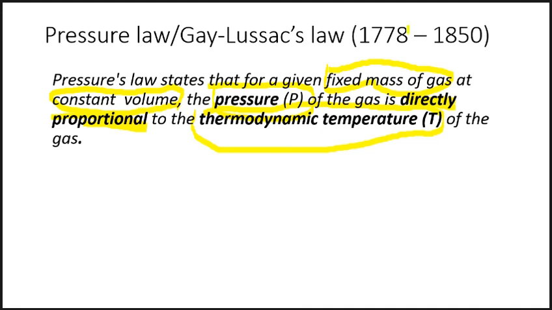Now, based on this definition, we can conclude that mathematically P is directly proportional to T, where P is the pressure and T is the thermodynamic temperature. And if I remove the proportionality sign, I'm going to have P equals KT, where K is a constant. Now, if I make K the subject of the formula, then I'll have P over T equals K. And this goes for when we are considering a certain amount of pressure in relation to a certain amount of temperature.